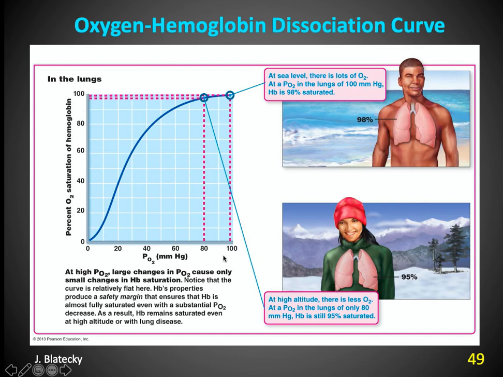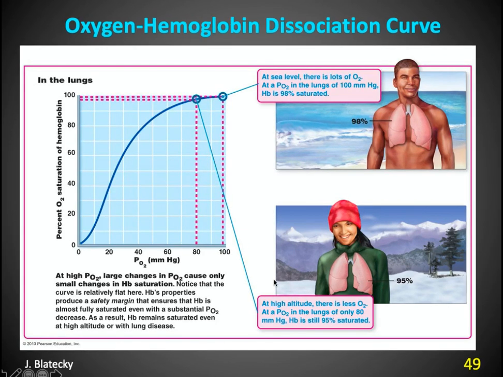But if we go up in altitude, now mind you, this is actually close to about Denver. So at about 5,000 feet or so, you see that the arterial partial pressure of oxygen is going to be closer to 80. But nevertheless, our hemoglobin is still going to be 95% saturated. Think about short-term travel to the mountains, right?